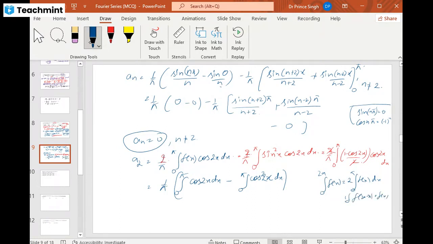Now we know that cos of (pi minus 2x) is in the second quadrant where cosine is negative, but because of the square it is positive. So let us use this property here. Its integral is sine 2x upon 2 with the limit 0 to pi for the first part, and here this can be written as 2 times the integral from 0 to pi by 2 of cos square of 2x dx.